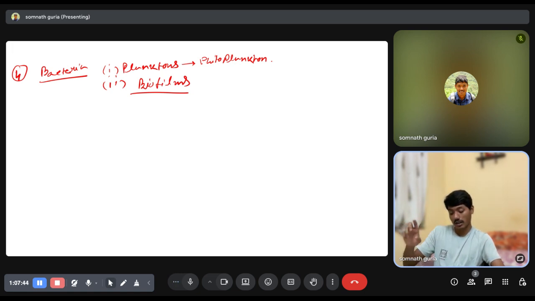With the help of protein, polysaccharide, and extracellular DNA and RNA, they form a protecting layer over the colonies, and that outside protecting layer helps them survive together.